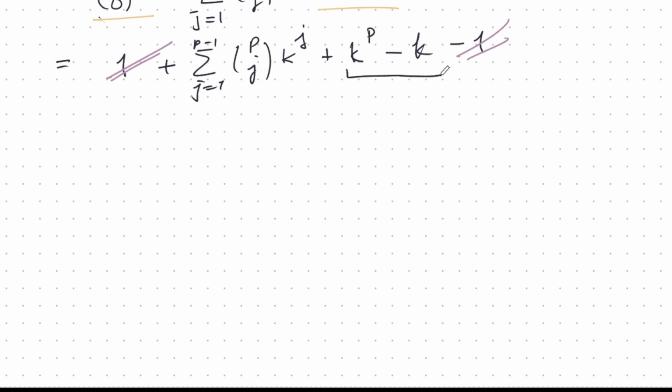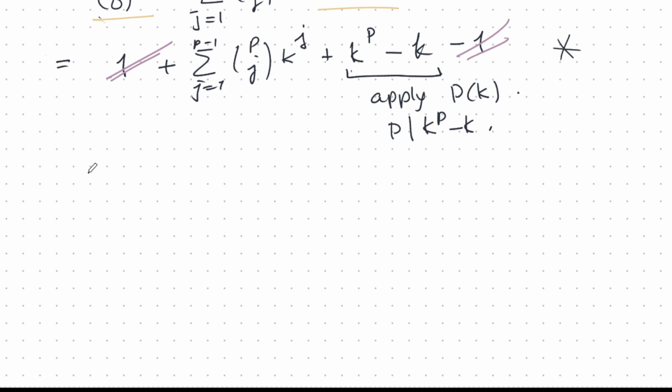Notice that I have this, so I can apply P(k). So I can assume here that p divides k^p minus k. And what I need to prove is that p divides this entire expression here. So I know it divides this.